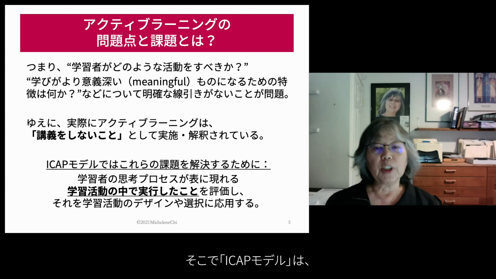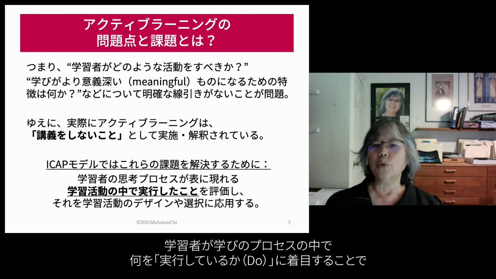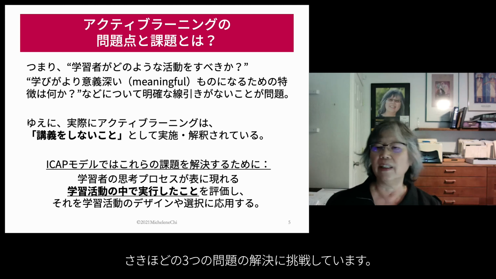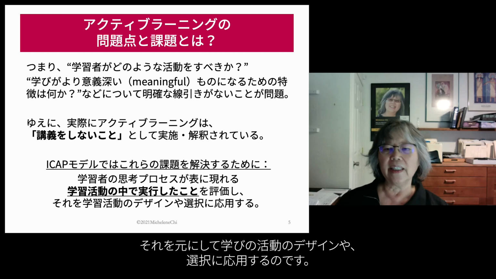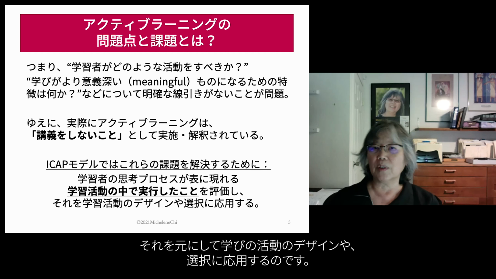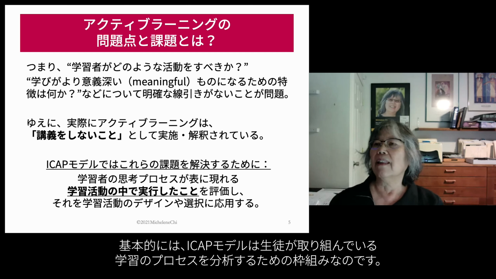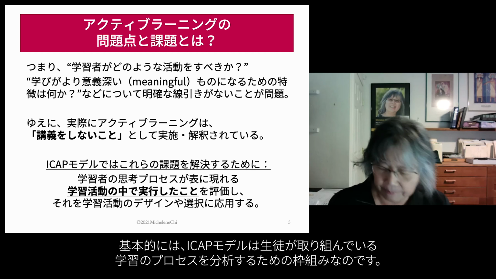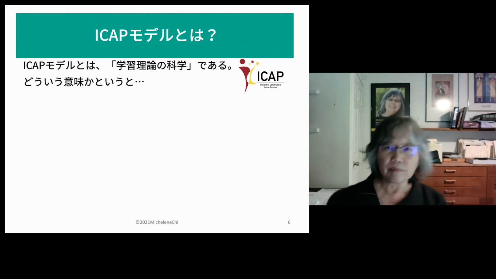So ICAP is going to address these challenges by assessing what students do while learning, rather than initiation and completion, in a way that reflects thinking. And that can be translated into the design or the choice of student activities. So basically, ICAP addresses the learning processes while students are learning, the process of student learning.